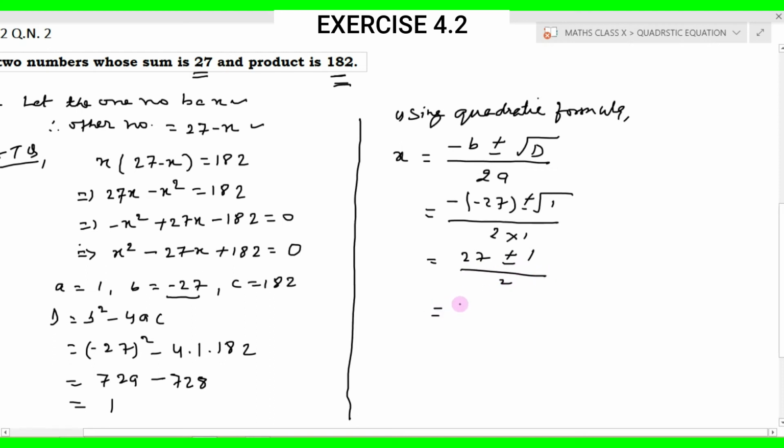So we have the two values, (27 + 1)/2 and (27 - 1)/2. Okay, so 28 by 2 and 26 by 2. So finally we get 14 and 13. These are the two values of x.